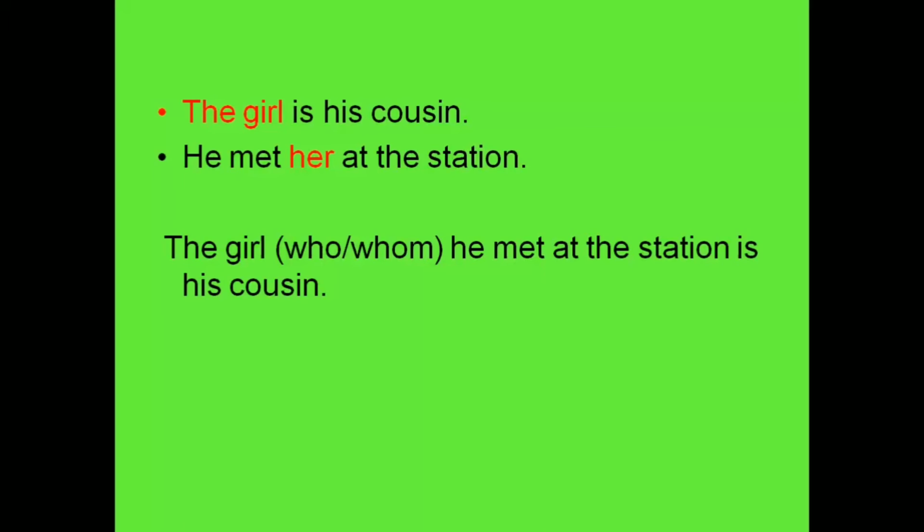Okay, then come to the choice of relative pronouns. The most common relative pronouns are who, whom, which and that. The relative pronouns who and whom are used for people. Which is used for animals and things. That may be used for people, animals or things.